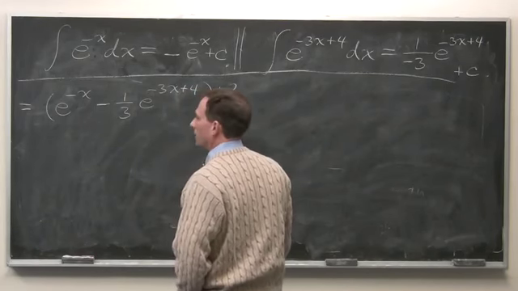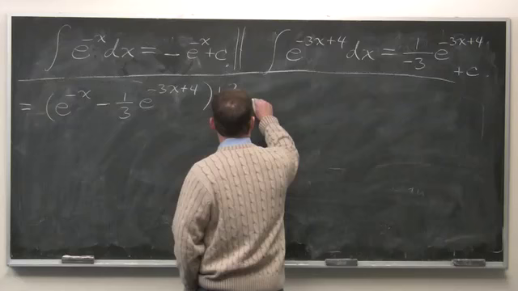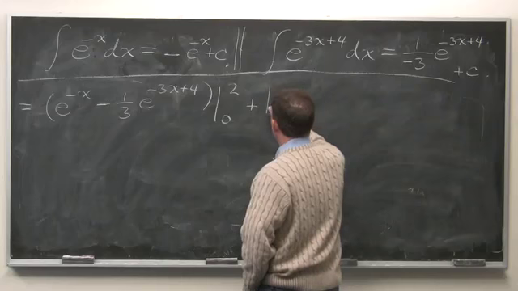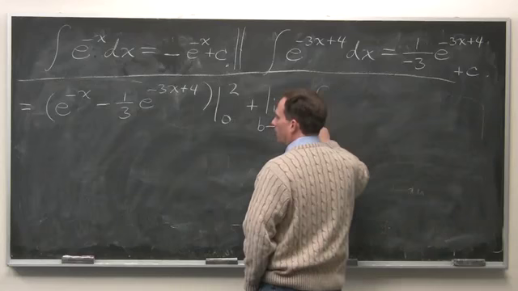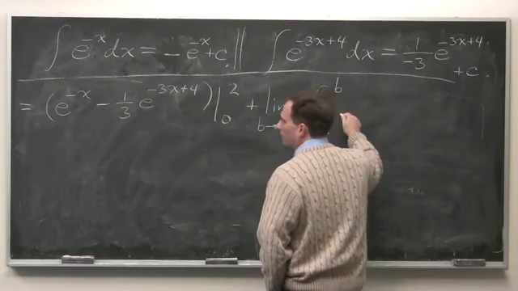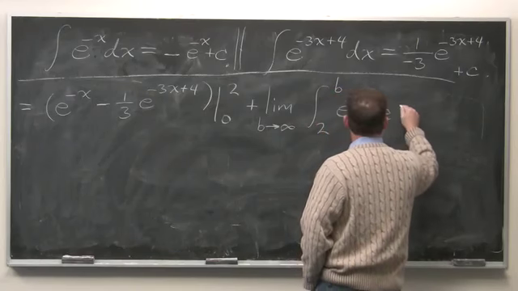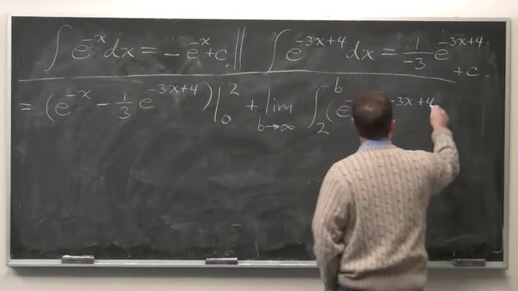Just checking, yes, okay. And then that integral to infinity means you take the limit as b approaches infinity of the integral from 2 to b of e to the minus x minus e to the minus 3x plus 4 dx.